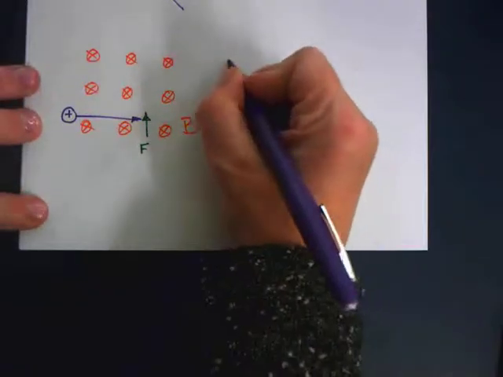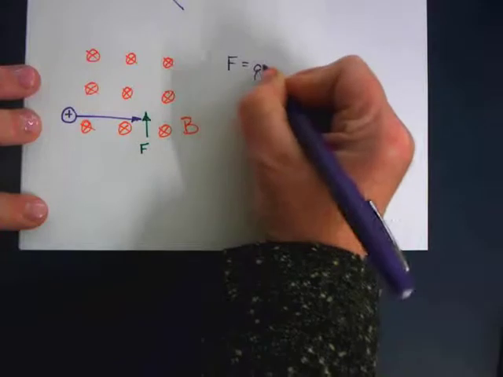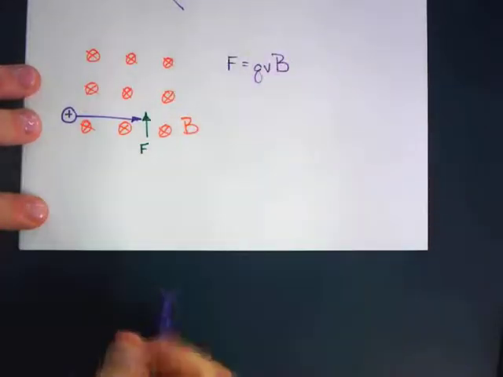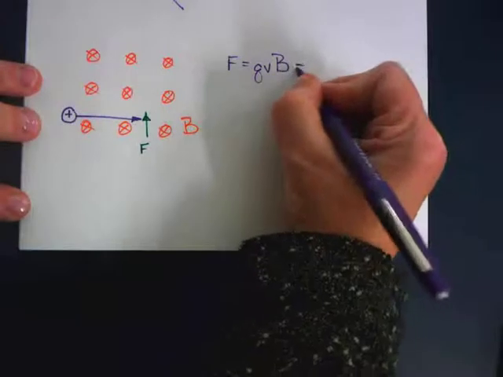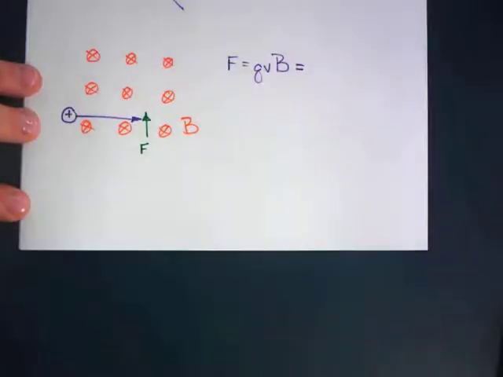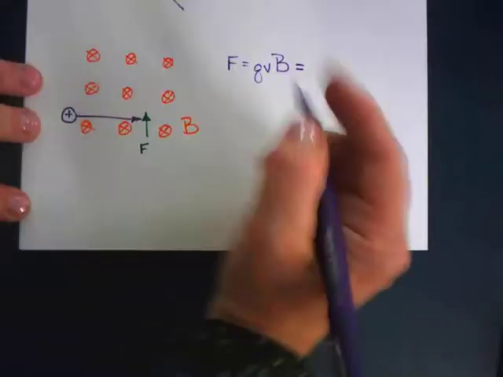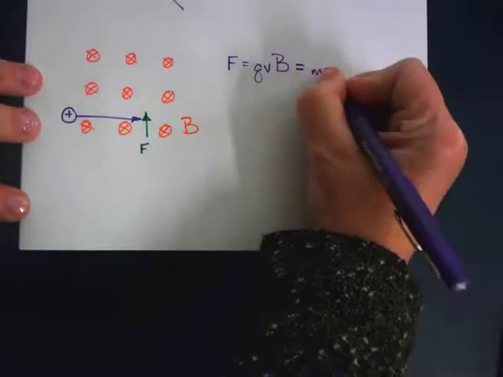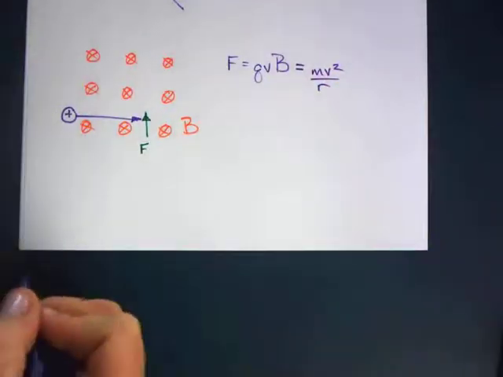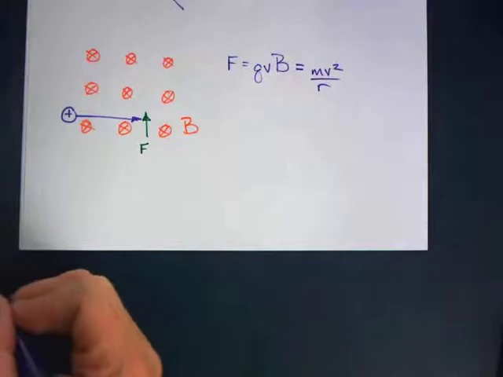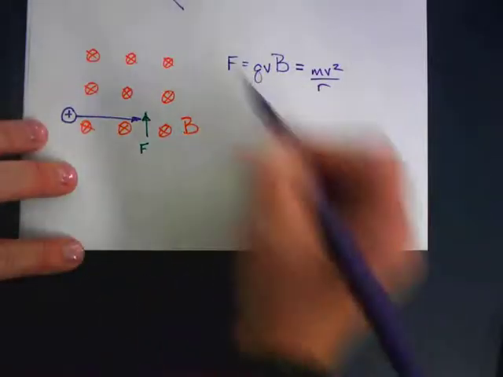Centripetal forces. So we can actually combine flying charges moving in a magnetic field with centripetal forces. Who remembers what the equation is for centripetal force? There's a radius in there. Does that look familiar?